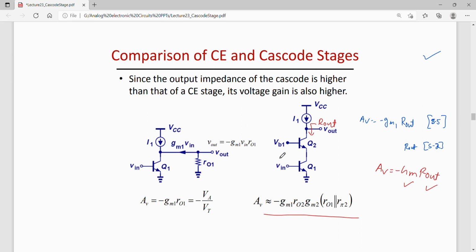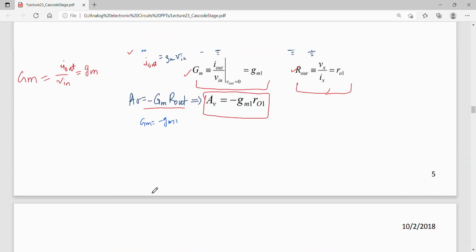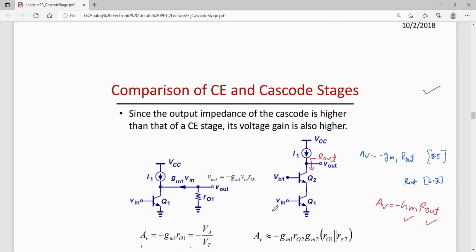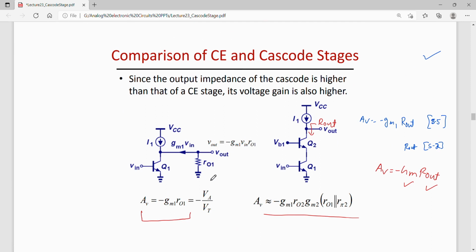So this is for cascode. Now let us also compare the gain of cascode with the gain of common emitter. So this is the common emitter stage. For a common emitter stage, the gain we have already found, which is minus GM1 RO1 in the previous slide. For this circuit it was minus GM1 RO1. So the gain of common emitter is minus GM1 RO1 and the gain of this is this much.